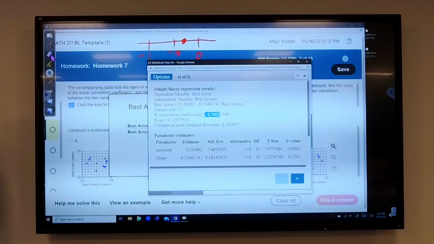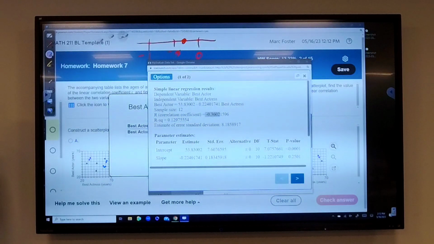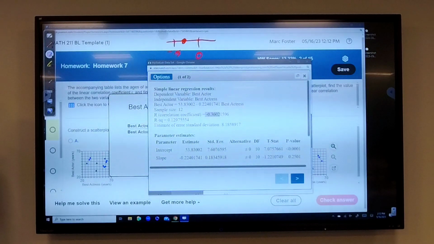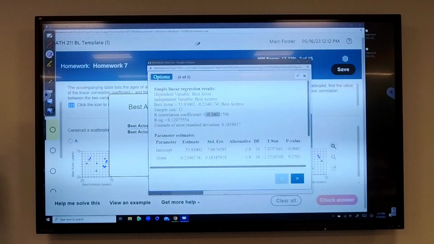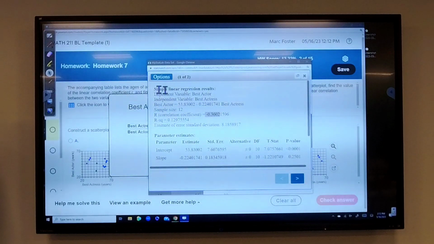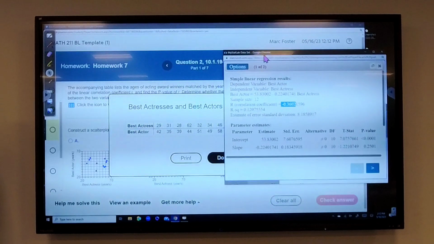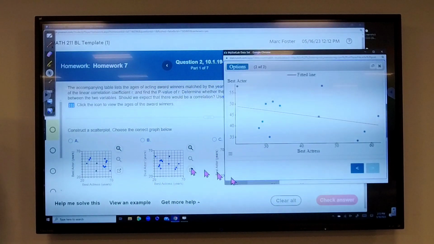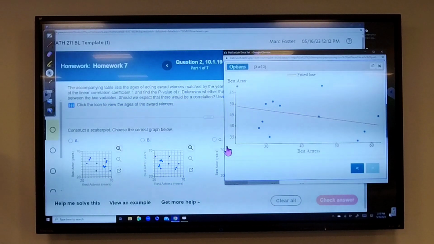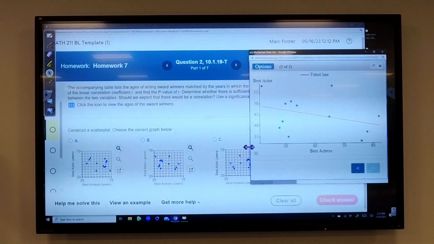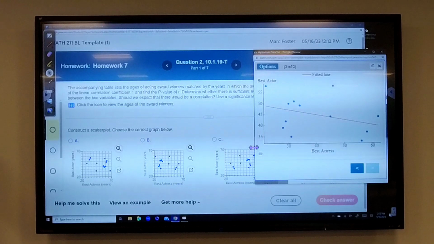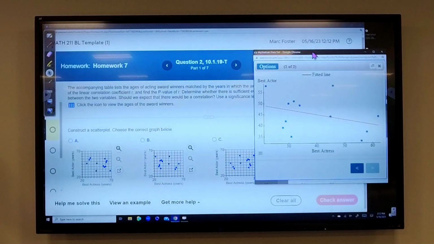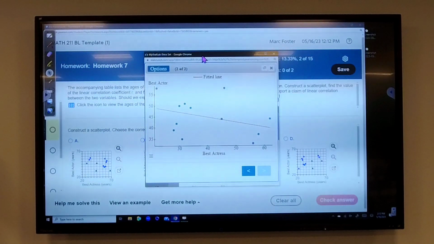Let's answer our questions now. First thing they're going to ask is, which graph is it? And if I kind of square this thing up, then I can see, just by looking at some of the important points, which graph it would have to be.